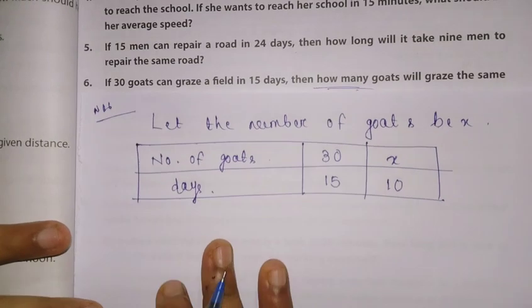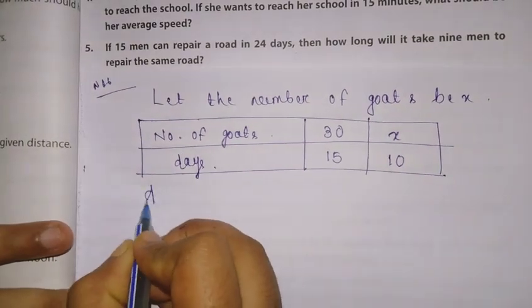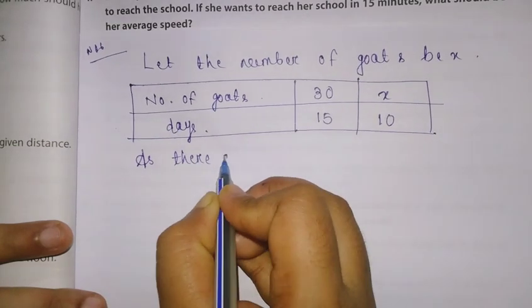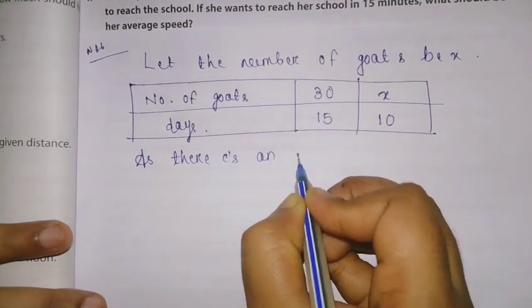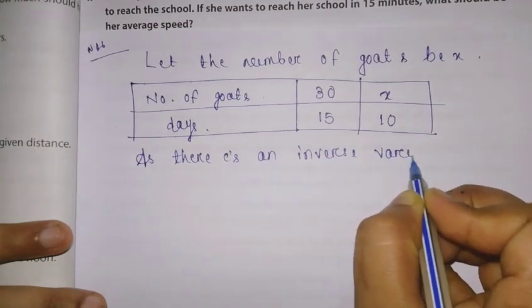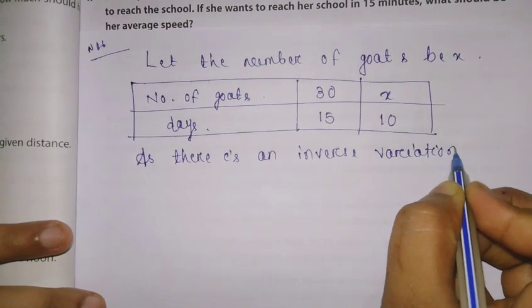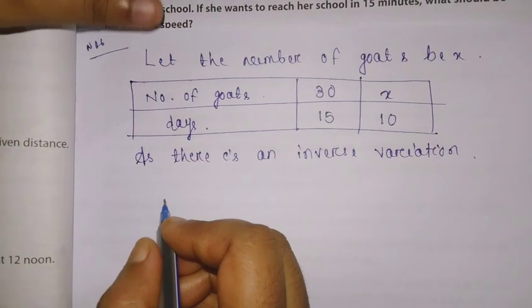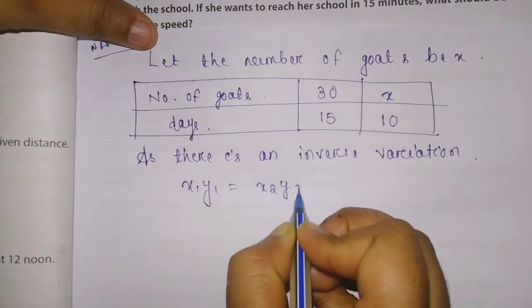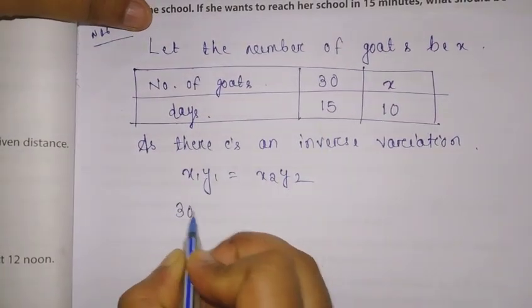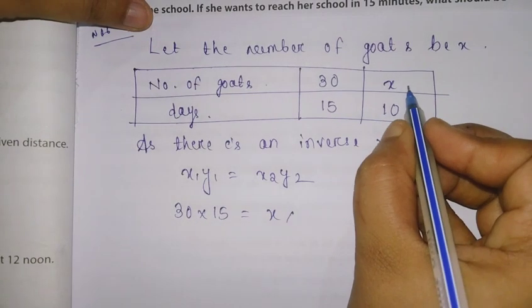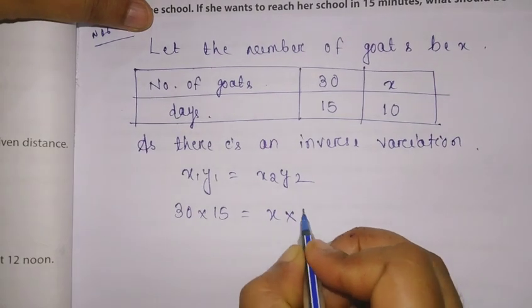As there is an inverse variation, use formula x1 into y1 equals x2 into y2. Here x1 is 30 and y1 is 15. Then x2 is x and y2 is 10.